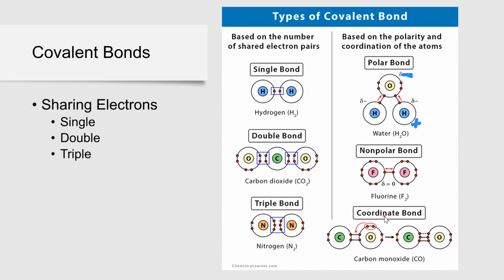So let's go to the next slide that gives us a better diagram that shows these polar covalent bonds. So over here you can see again the oxygen, and the atomic number for oxygen is 8.